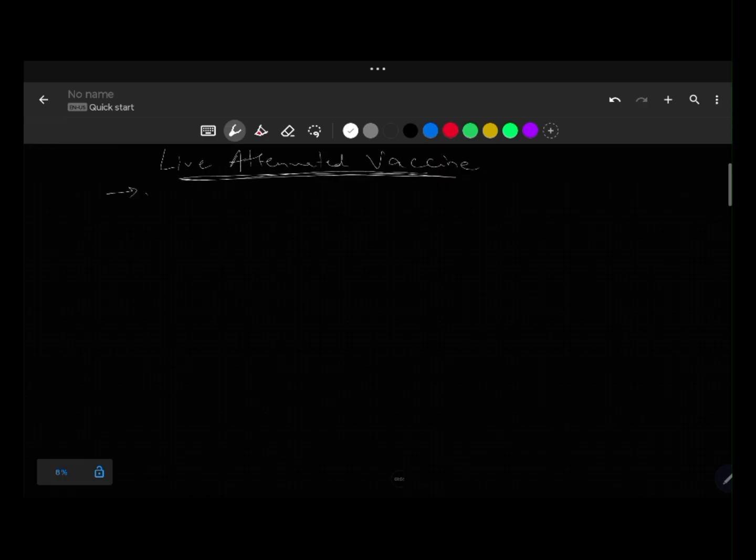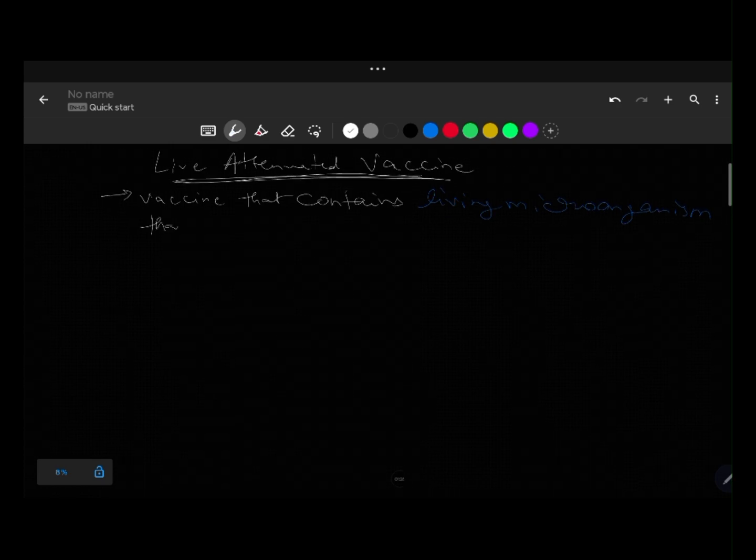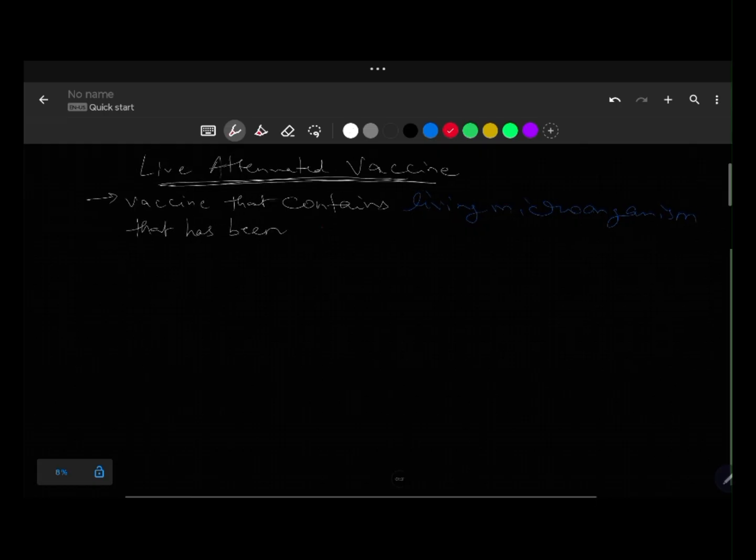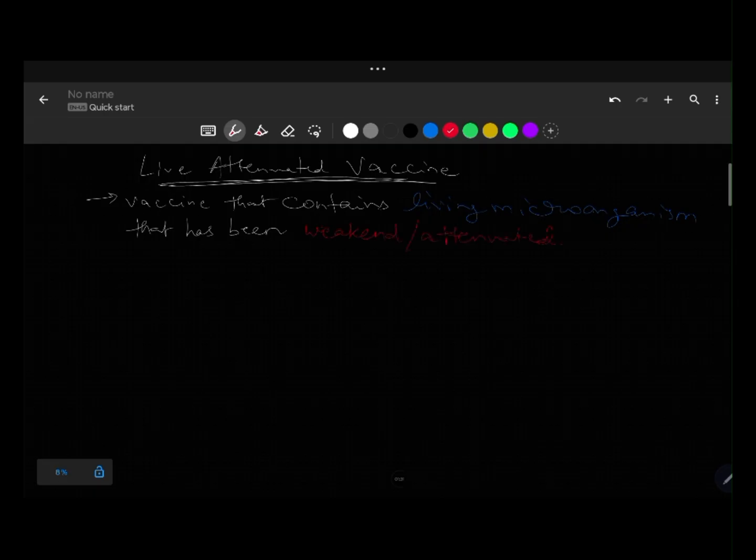It is a vaccine that contains living microorganism that has been weakened, or attenuated, under laboratory conditions.